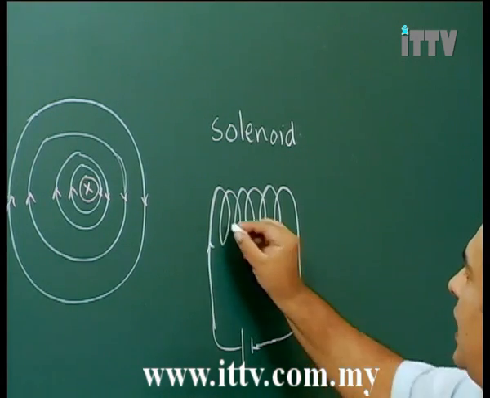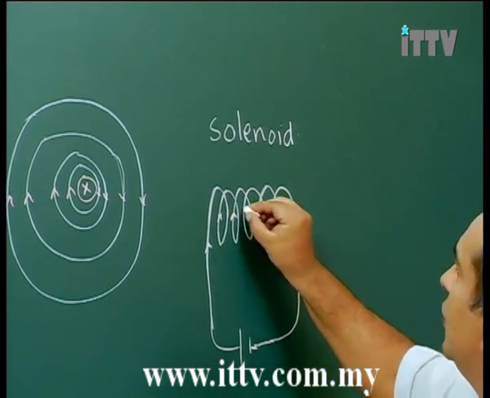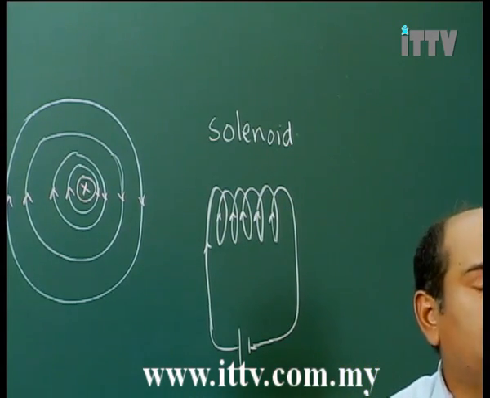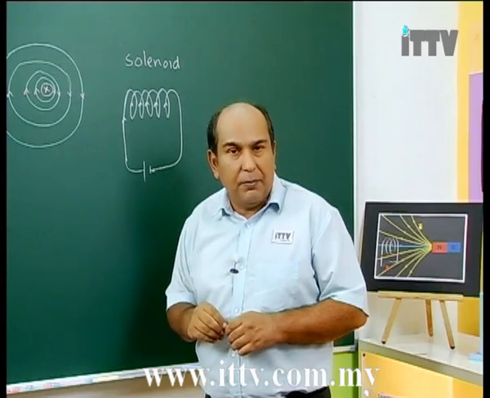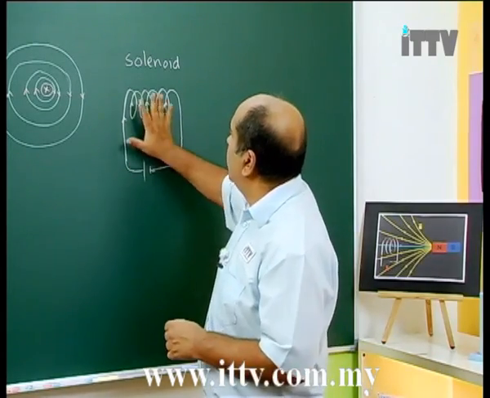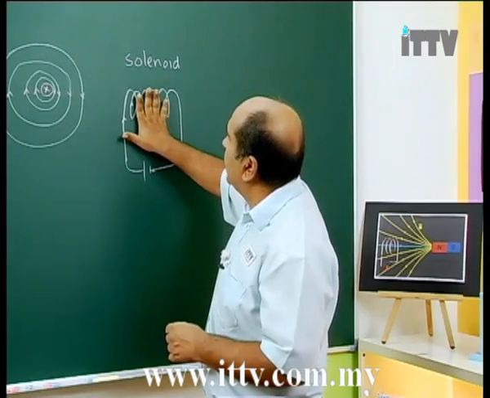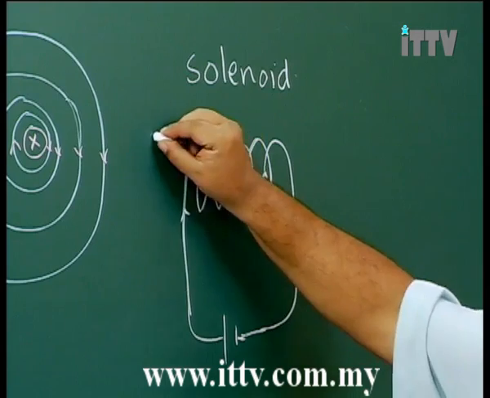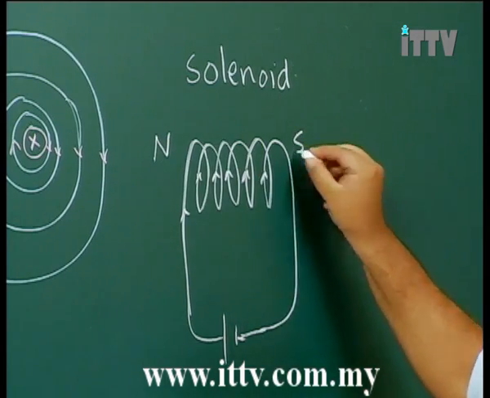Now, as the current goes up in this direction, you can work out the field by using Ampere's right-hand grip. So, your current is moving upwards, grip according to which way the current is going, so your fingers are pointing up, which means where your thumb points will be your north pole. Here will be south.